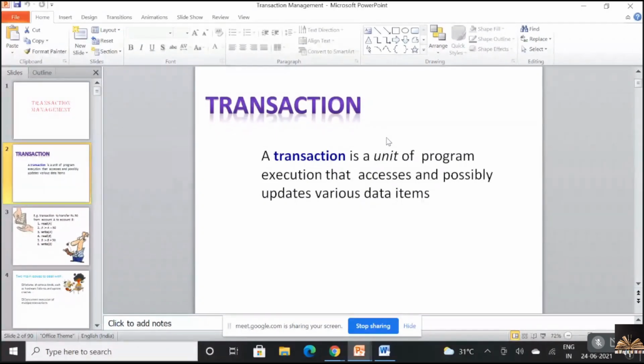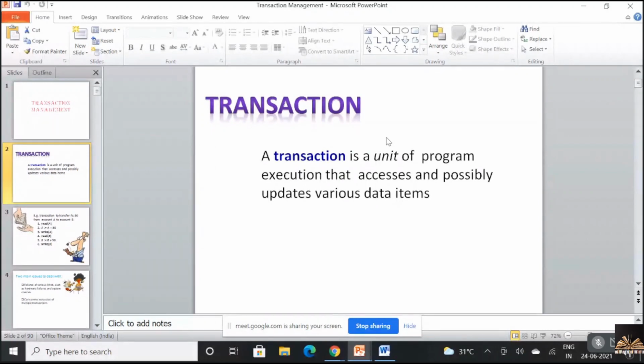A transaction is a unit of program execution that accesses and possibly updates various data items. So a transaction might cause updations to the database items, or it might just read the database items. The basic operations with respect to a transaction would be read and write operations, ma. Read and write operations.